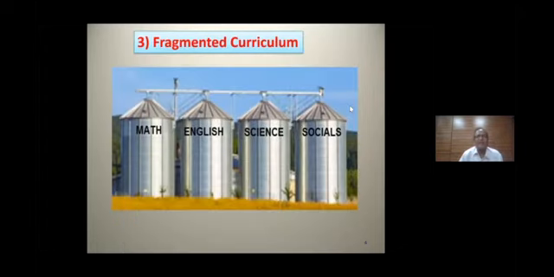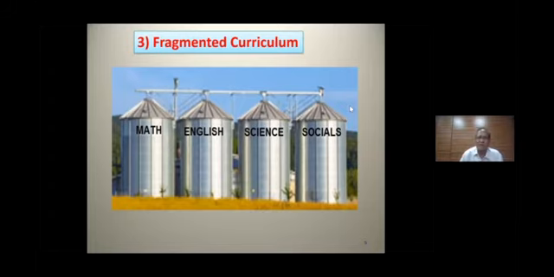Fragmented subjects. Fragmentation is happening because, while developing the curriculum for a particular branch, we prepare a list of subjects, then prepare the curriculum, and then teach them. We are not teaching the subjects in an integrated manner. We teach them in a fragmented manner.